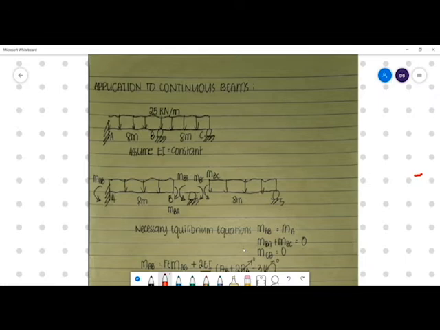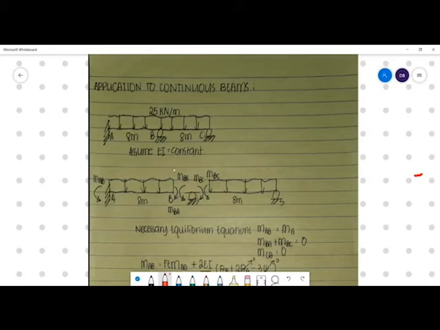So the principle there is, if we separate the span AB, we're going to have a moment MAB, and then we're also going to have MBA with respect to the span.